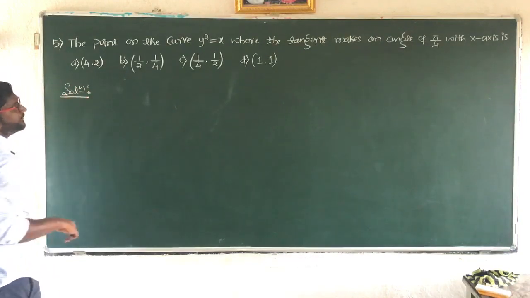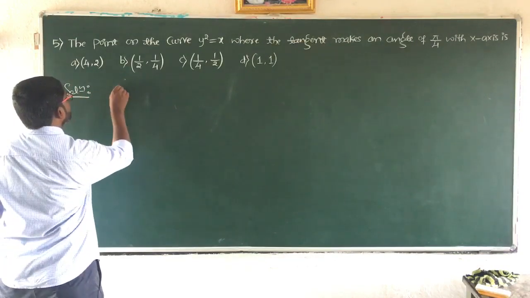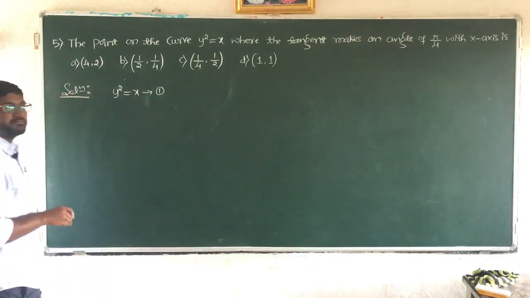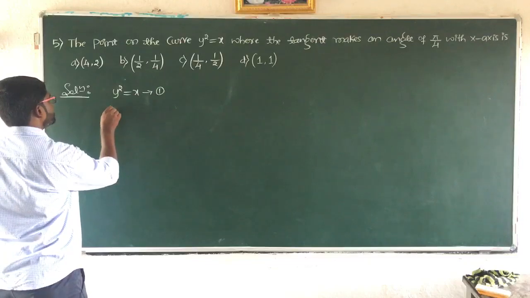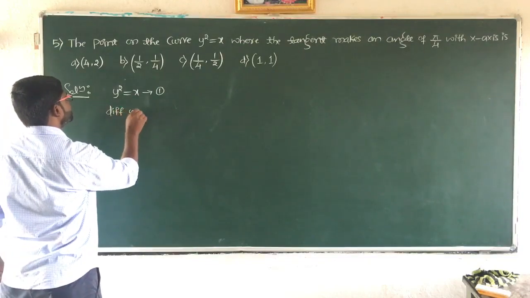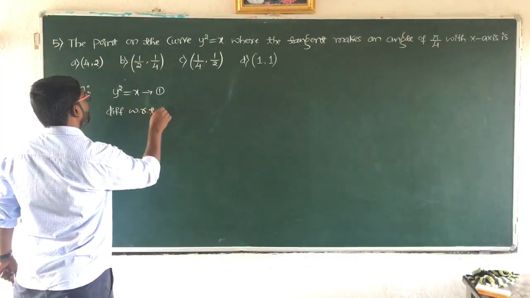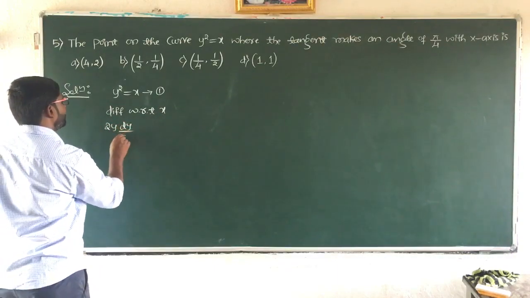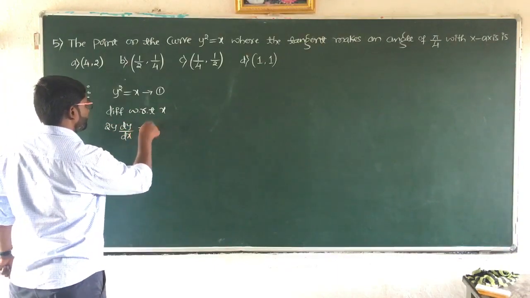So, we will write the given curve now, y square equal to x. I call this as equation number 1. Now differentiate with respect to x. So, what do we get now? 2y dy by dx is equal to 1.